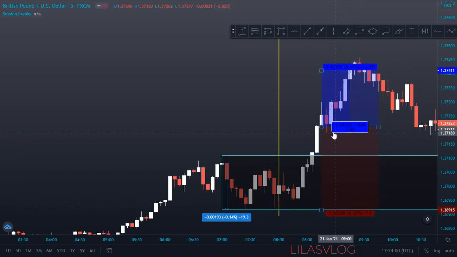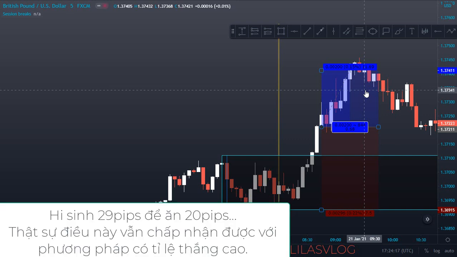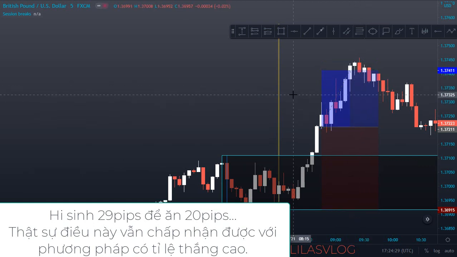So for this trade, can you see that we risk 29 pips for 20 pips, but it doesn't matter because if the win rate is very high, like you win 10 trades and only lose one, you are still profitable, so it doesn't matter if you risk more than your target.